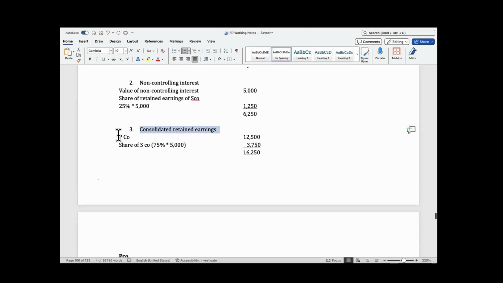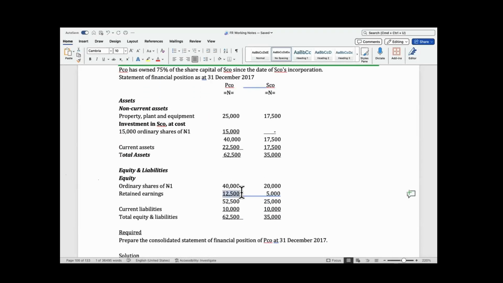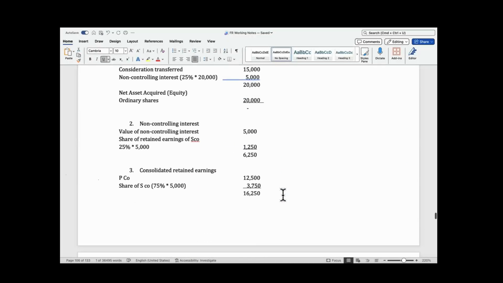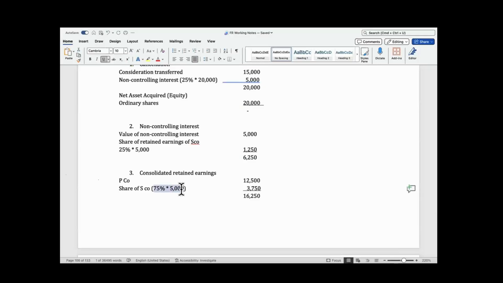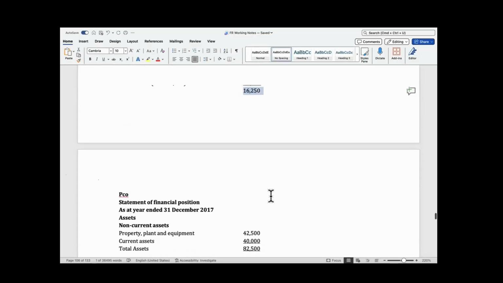So it is the retained earnings of the parent, which is 12.5, as seen here, plus the parent share of this, which is the remaining 75% of this 5,000. So I add the two together, it gives me 16,250. Then I can go ahead and consolidate.